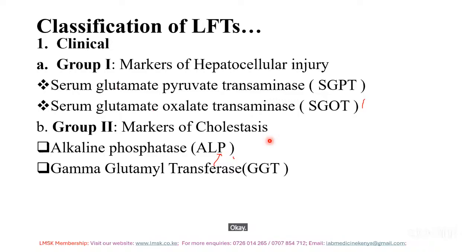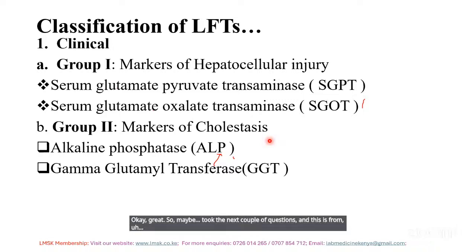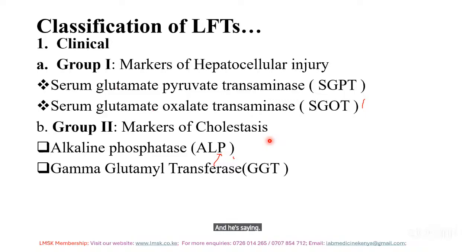Okay, great. So maybe I'll take the next couple of questions. Okay, I've read your comment, Rogers, and maybe I can just read it to the participants here. He's saying, in regard to the normal ranges, I think it depends on the model of the machine.